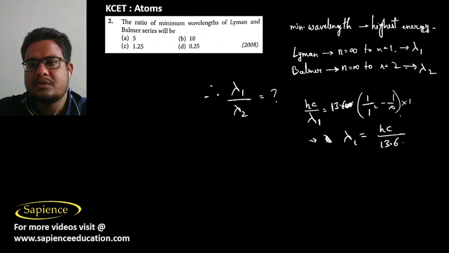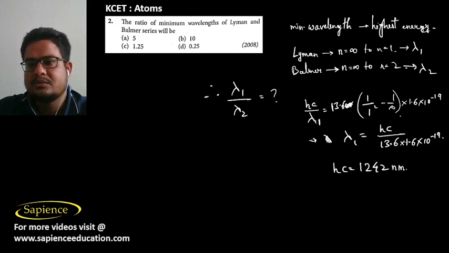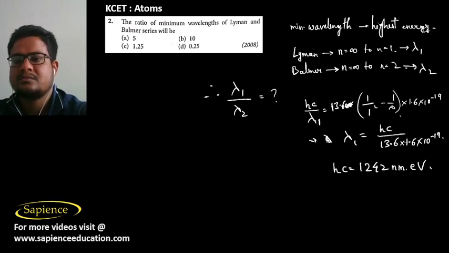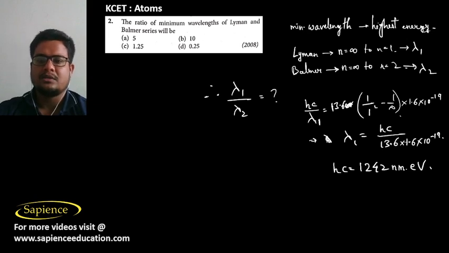Electron volt means I can write 1.6 into 10 power minus 19 joules. And hc is equal to 1242 nanometer electron volt.